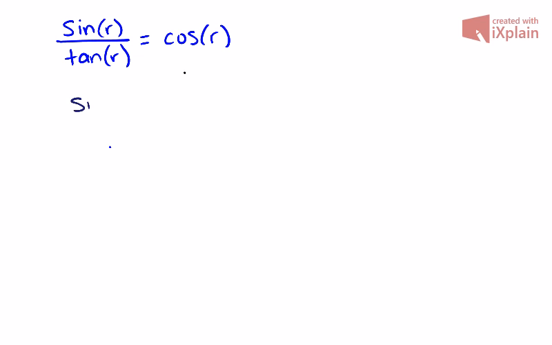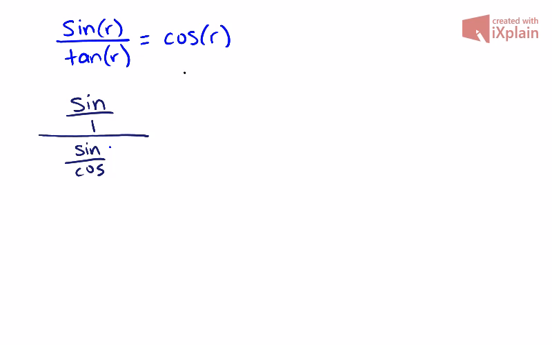So I'm just going to rewrite that as sine over 1. This is all over tangent. Tangent, if you look on your identity sheet, is sine over cosine.